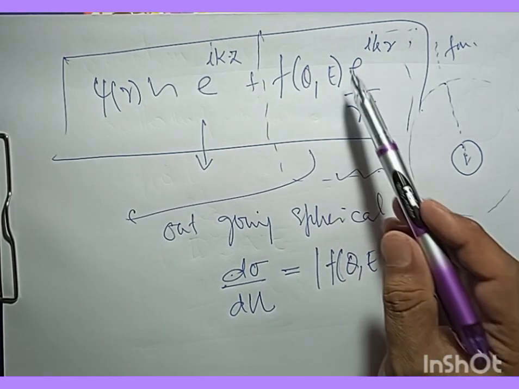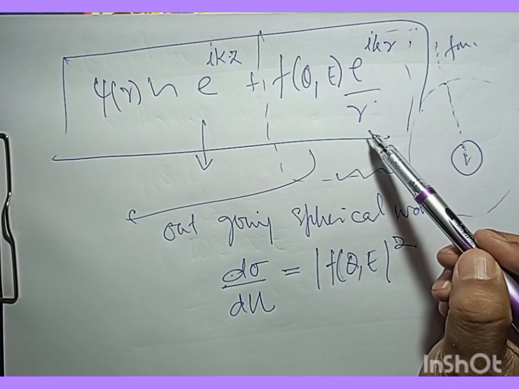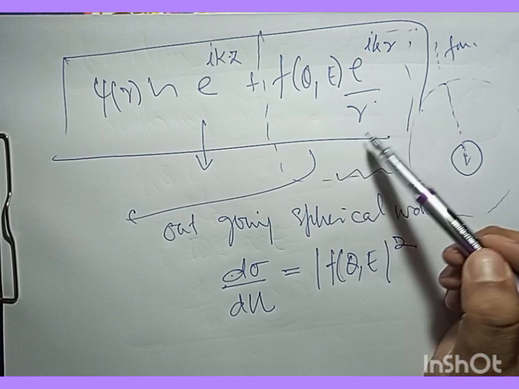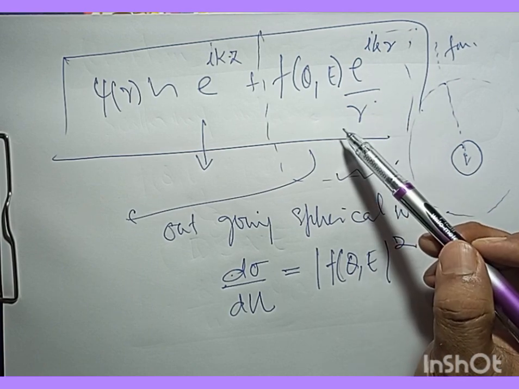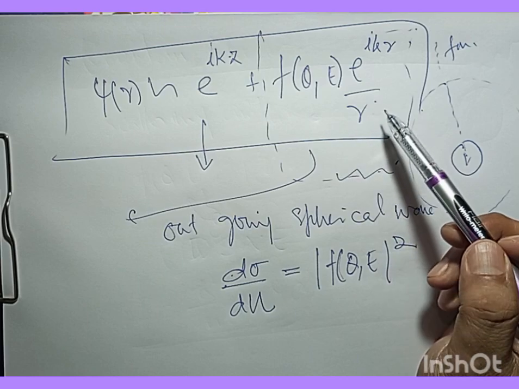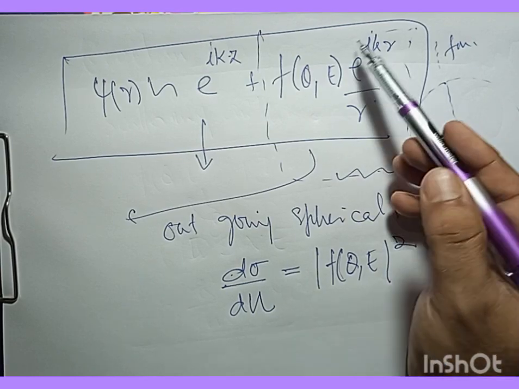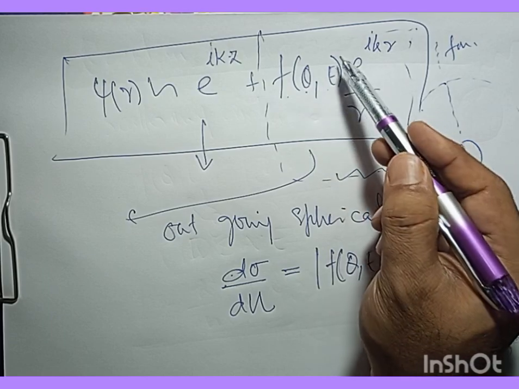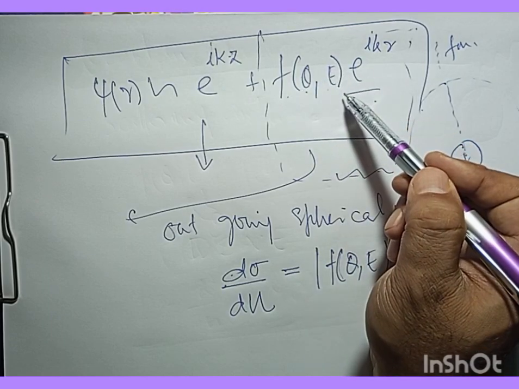So this is our outgoing spherical wave, and if I take its complex conjugate and multiply it with that, it's going to give me the differential cross section. Here f of theta and E is a representative of the scattering amplitude.